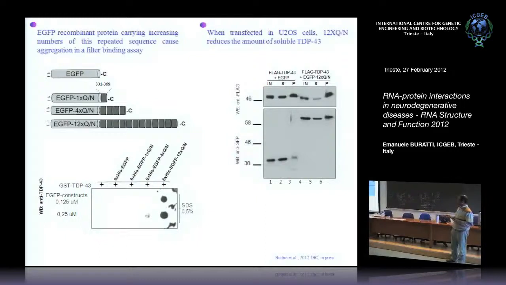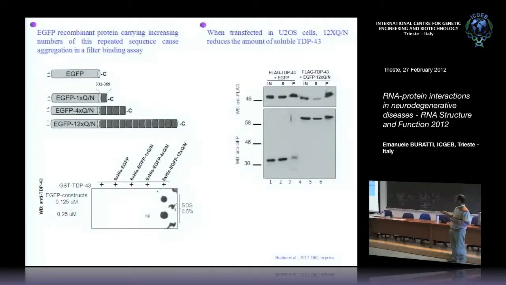And what I think is even more interesting is that if you transfect this effector, let's call it this way, into U2OS cells, and you look at the amount of endogenous soluble TDP-43 that is made by these cells, you can see that in normal conditions, when you just add EGFP, the endogenous TDP-43 is evenly distributed between the soluble and the pellet fractions.